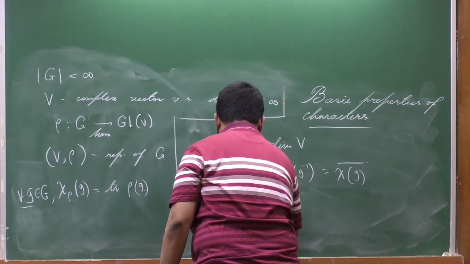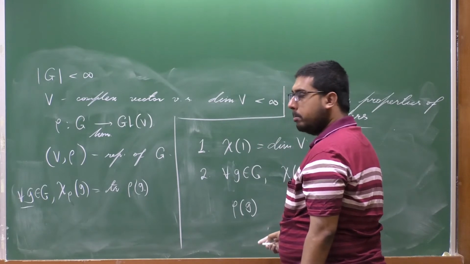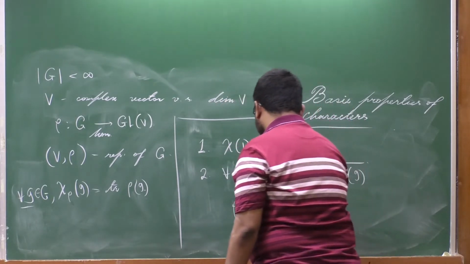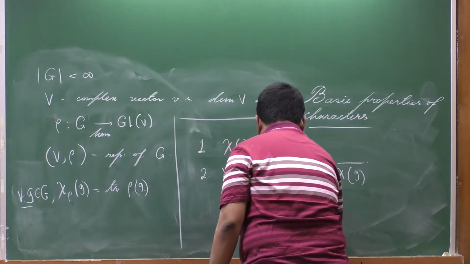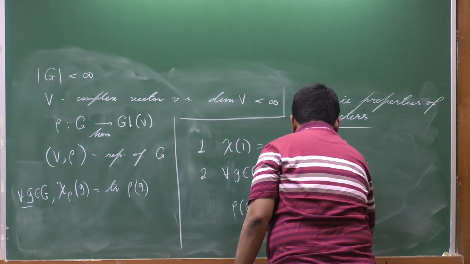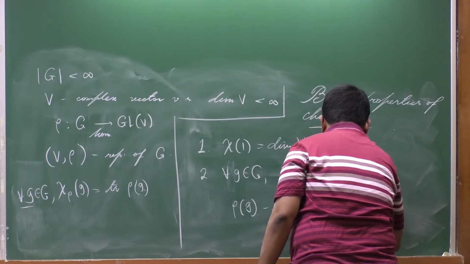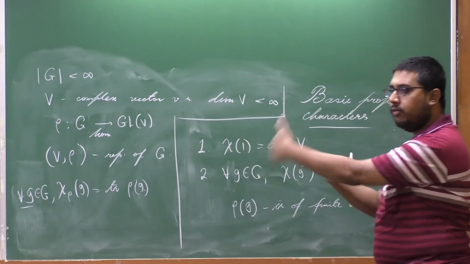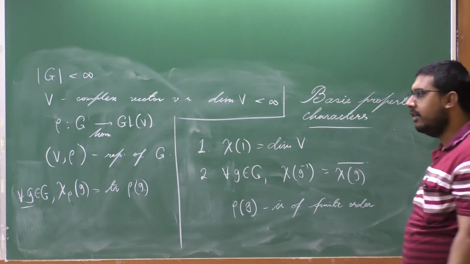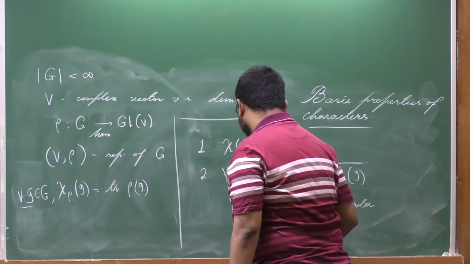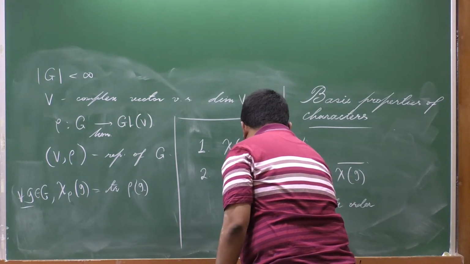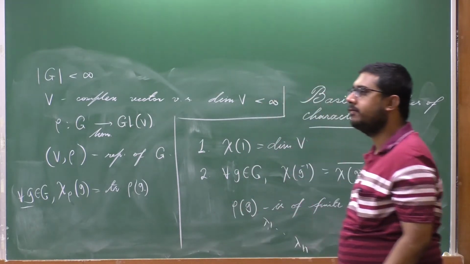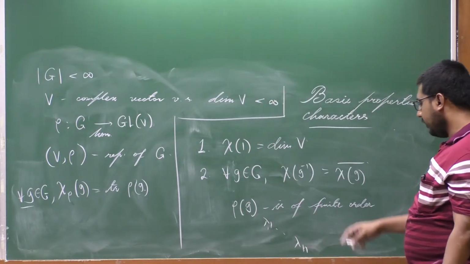Therefore, as we have argued in one of the earlier lectures, this linear operator is of finite order, and then its matrix is going to be a finite order matrix over C, hence it is diagonalizable.